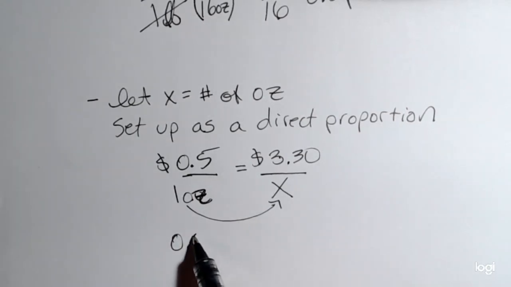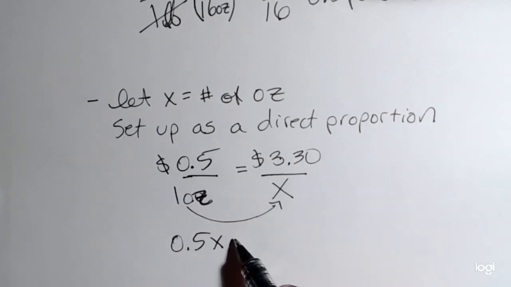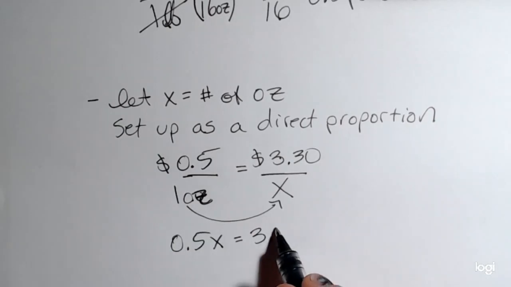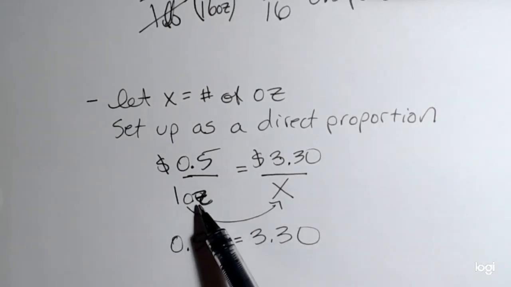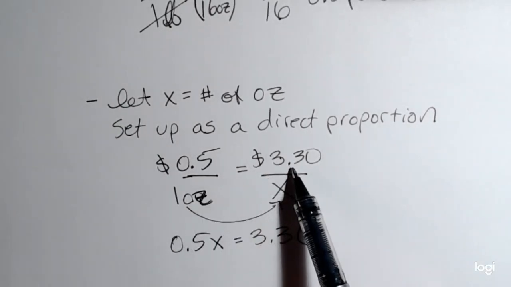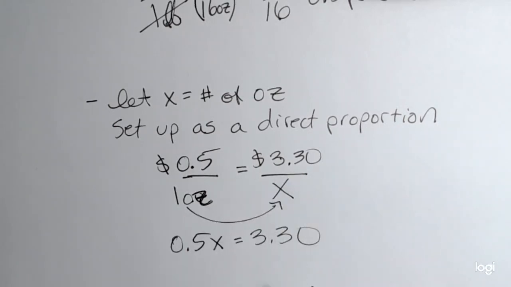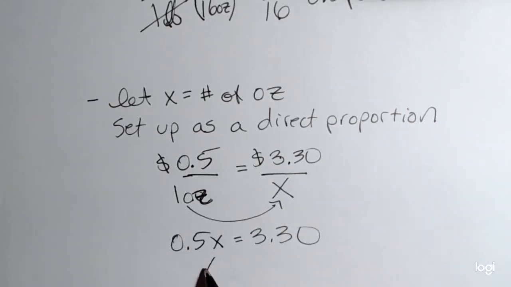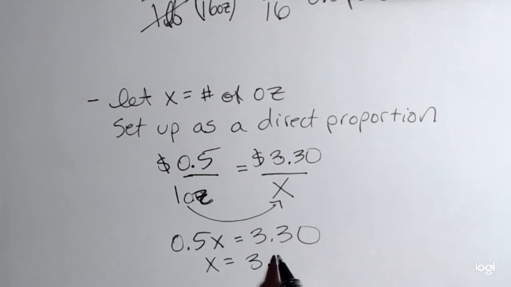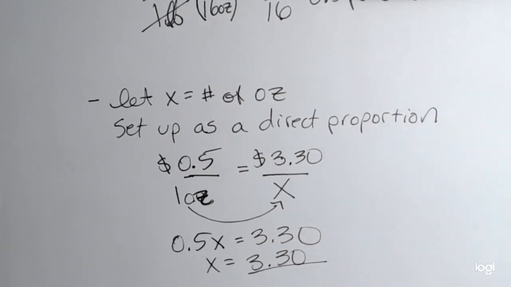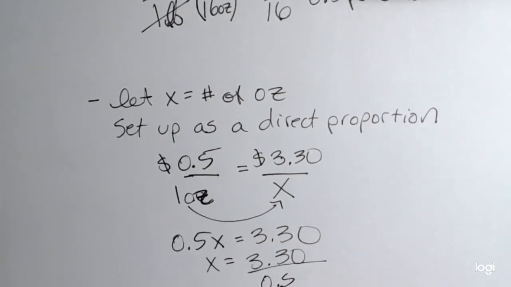So I have 0.5x is equal to 3.30. All right, so 1 ounce times 3.3, 1 times 3.3 is just 3.3.